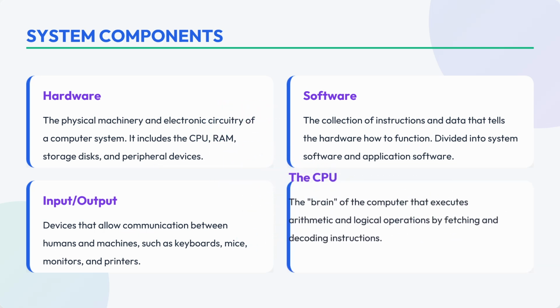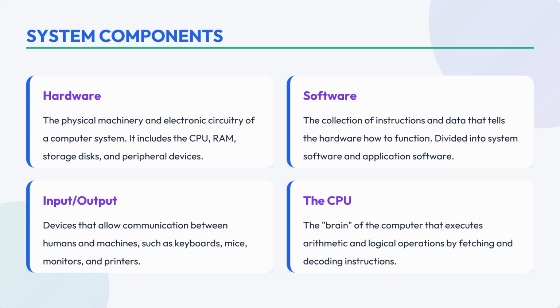Next is the CPU. We all know that between input and output many programs run and many operations are performed. All operations performed inside the computer are basically done by the brain of the computer, which is the CPU, Central Processing Unit.